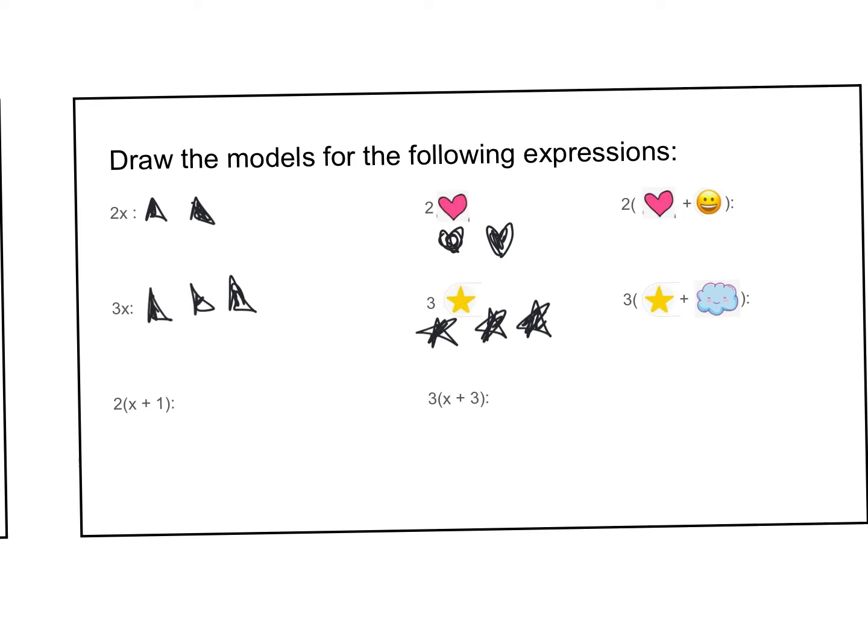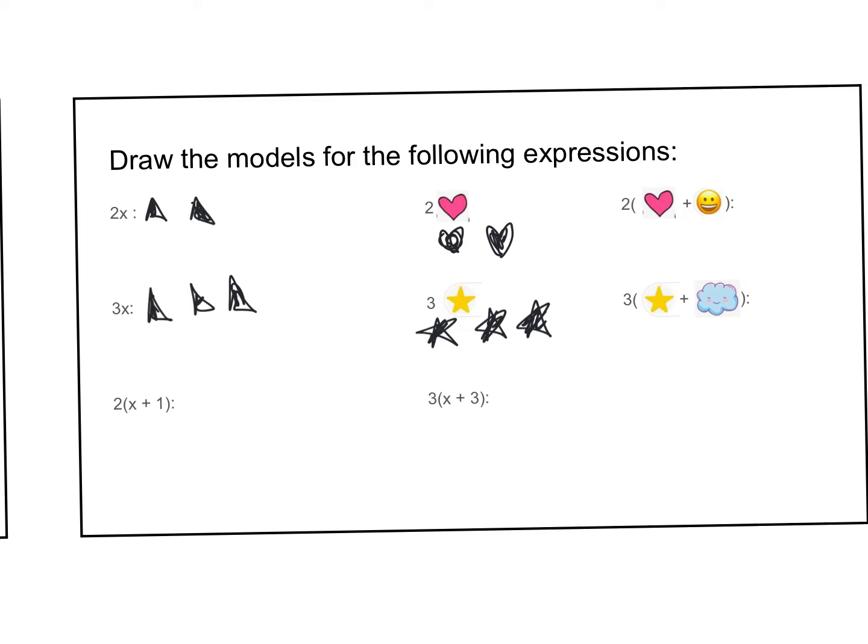Those should be kind of review from what we've been doing before. Let's look at this first one here. We have now introduced this idea of parentheses. Now with order of operations, normally we would add and then multiply. But because we don't know the value of our 2 figures, the heart or the smiley face, we can't actually add them together first.